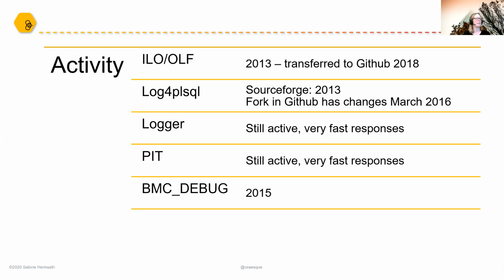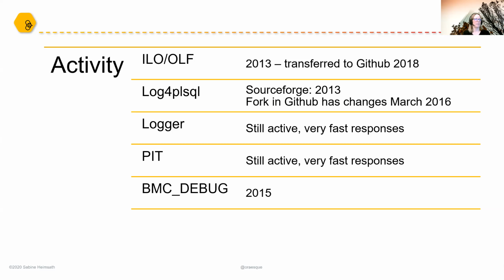Log4PLSQL has, well, faded a little. It's still on SourceForge, but there's a fork on GitHub that has changes from 2016. You can also fork it and do your own changes if you need them.